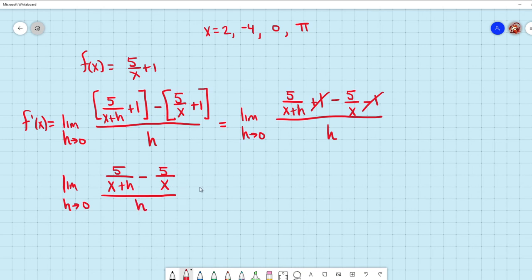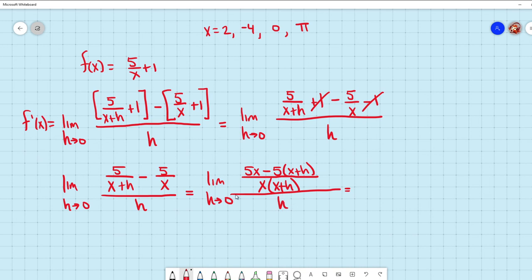So next I'm going to do some algebra and combine my two fractions together. That would give me 5x minus 5 times x plus h, with a common denominator of x times x plus h. All of that's divided by h. Now I'm going to clean this up, so I don't want fractions within fractions.